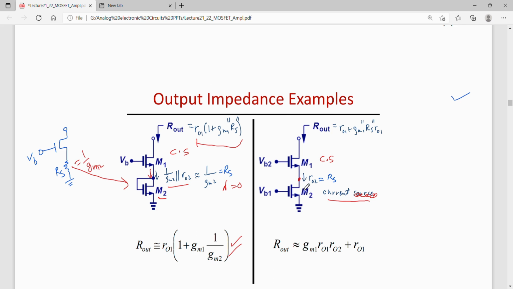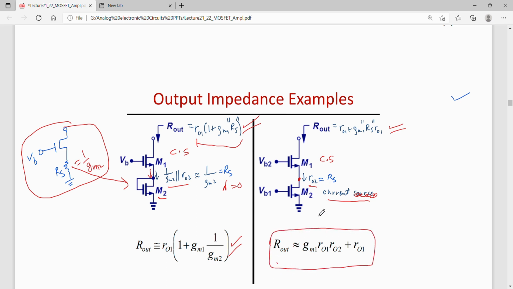The impedance looking into this port into M2 is RO2. This is again the same circuit, that is this circuit. This time instead of Rs we are using NMOS. So the gain can again be given by the same relation, which is rewritten over here. Now this time Rs will be replaced by RO2. So the output impedance can be given by this relation, simply replacing Rs by RO2.